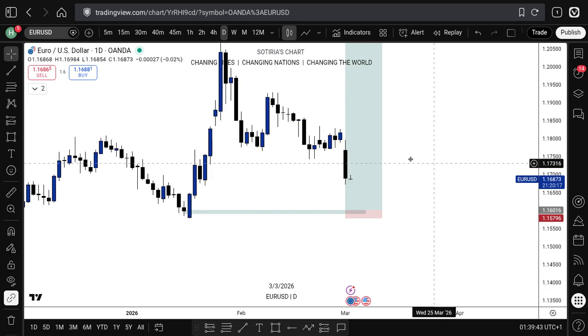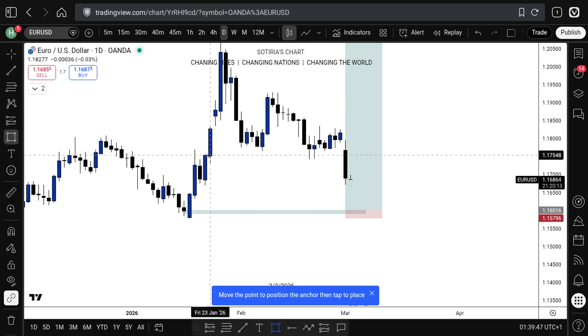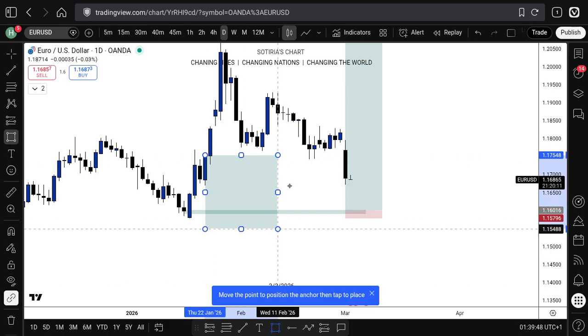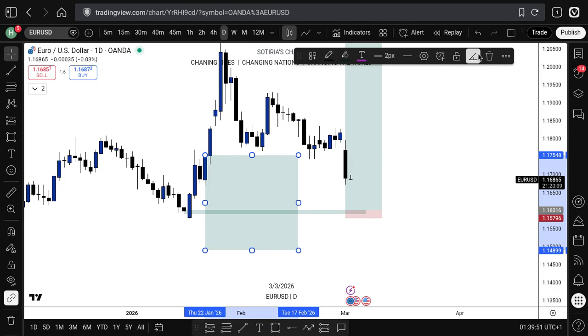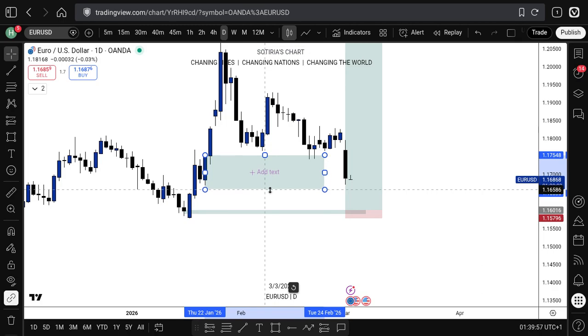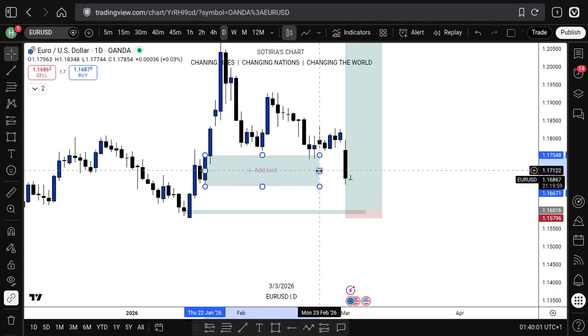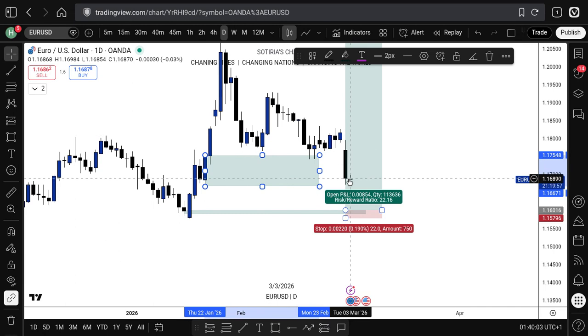So like I said, I had a buy here from last week and it was going well, and because of the war, like I said in the previous end of week video, which I dropped yesterday, there is a high chance of price jumping downwards because of the war.